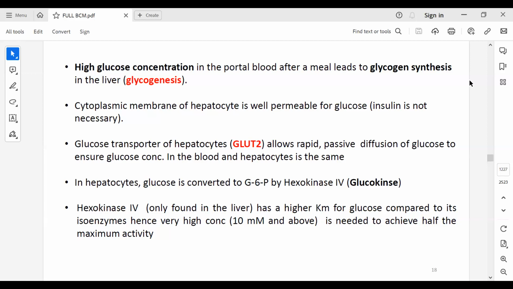So here we have the hexokinase 4 known as the glucokinase. And kinases are phosphorylating. They mostly add phosphates to the glucose. Once glucose is phosphorylated to glucose 6-phosphate, it cannot leave the hepatocyte. So it has to go under glycolysis. So that's what we've seen in enzymology, that glucokinase will have a higher km value for glucose than any other of its isoenzymes.